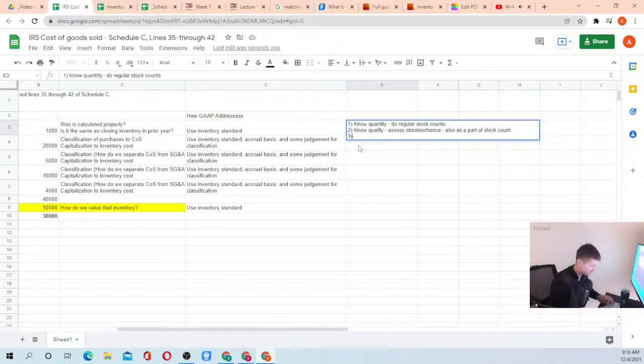Third, we need to know cost. Use the inventory standard plus cost accounting.